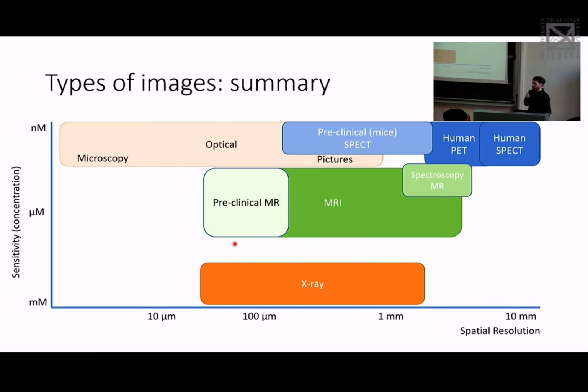With preclinical, which means small animals, so mice, rats, you can go to less than 100 micrometers. While if you are working with nuclear medicine, you have very poor spatial resolution, like 1 centimeter. 1 centimeter resolution means that you image the abdomen of a human adult in 50 pixels, just to give you an idea. And when you're going with microscopy, you can go down to 1 micrometer.